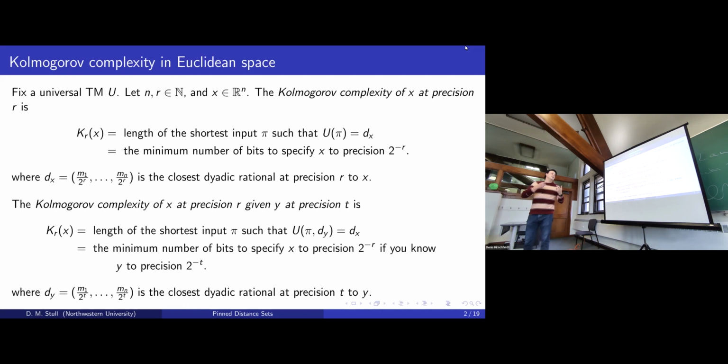So in other words, this should have a vertical bar, so it should be K_r(x | y), sorry. But this is really quantifying the minimum number of bits to specify x to precision 2 to the negative r if you already know y. So you have y for free. How difficult is it to specify x to a certain precision?